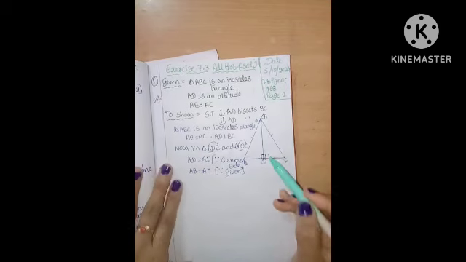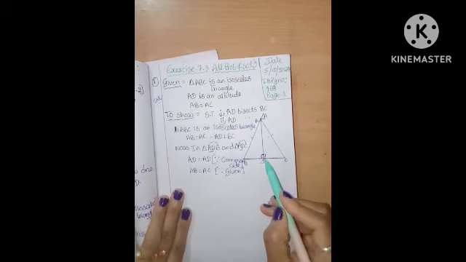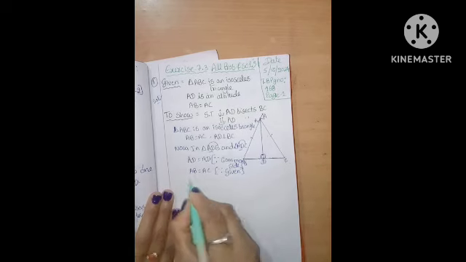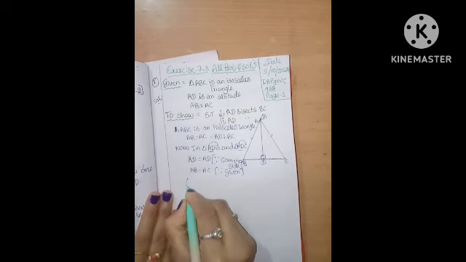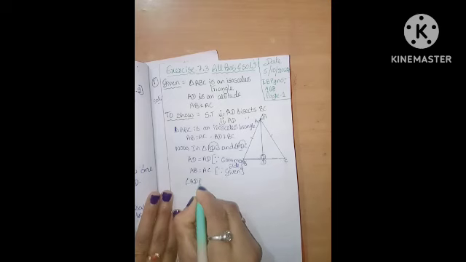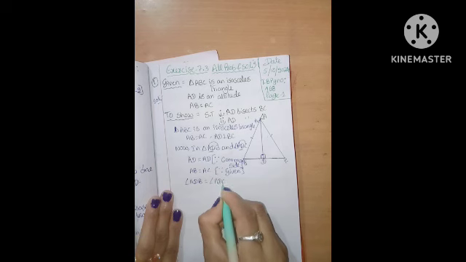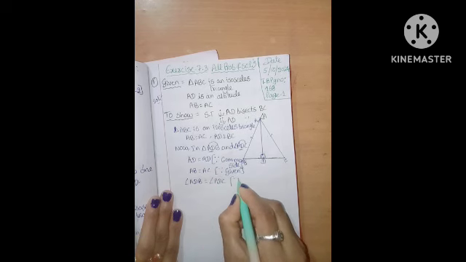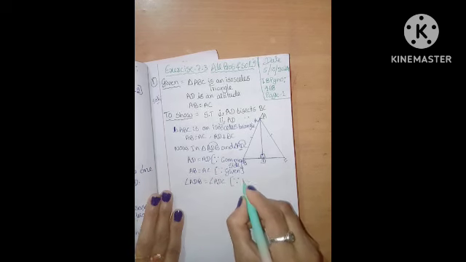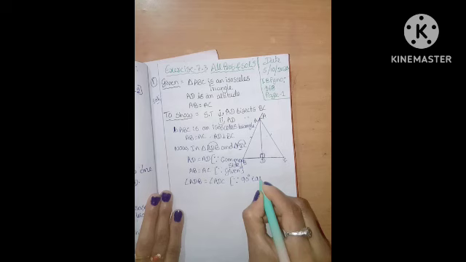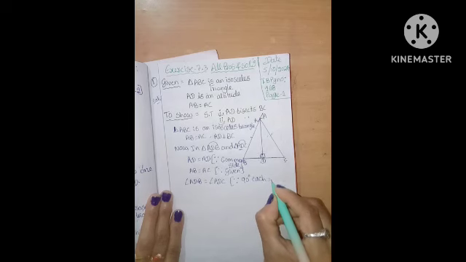AD is the altitude, so that's why these two angles are equal. Angle ADB is equal to angle ADC. Why are they equal? Given, they are 90 degrees each. Each angle is 90 degrees.